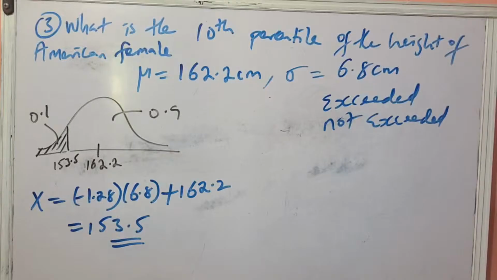So you need to really understand the use of these words. I would love to give an example. Not exceeded and exceeded, as I said already, they are all still talking about the same thing, and that is percentile.